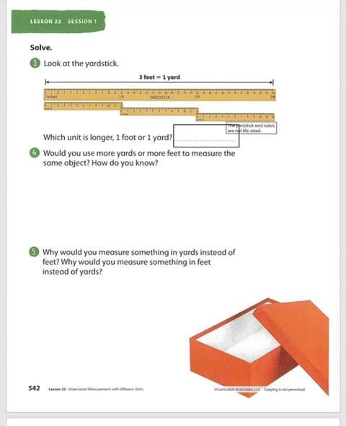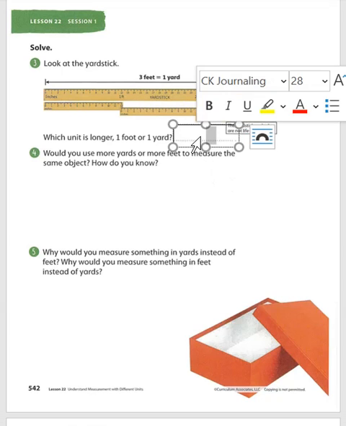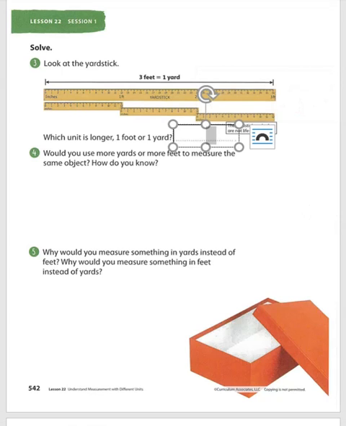So which unit is smaller? 1 foot or 1 yard? 1 yard is longer. I think I said which one is smaller, but 1 yard is longer. Would you use more yards or more feet to measure the same object? How do you know?